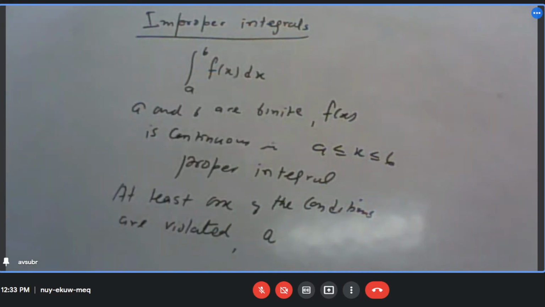That is, A or B or both A and B are not finite.